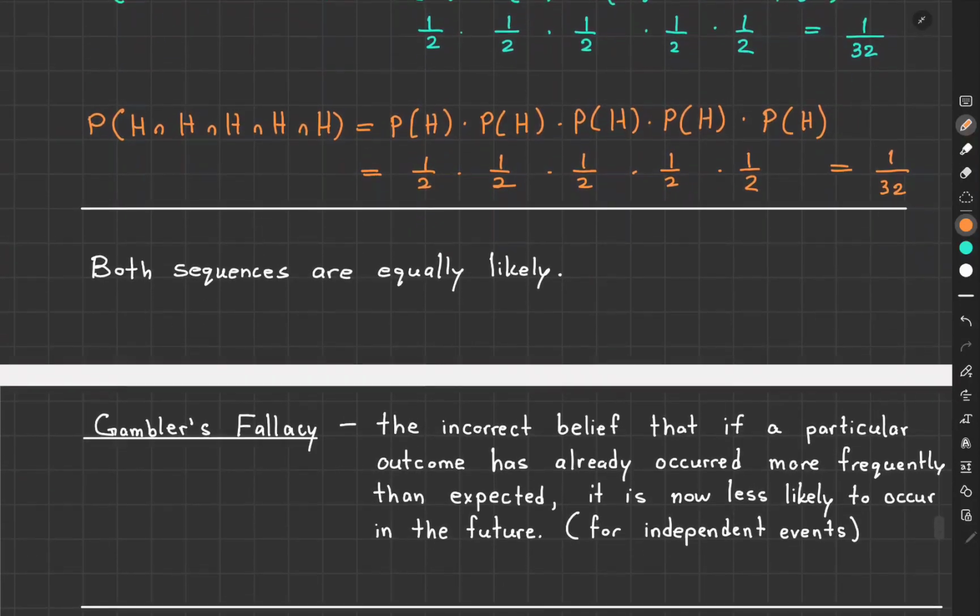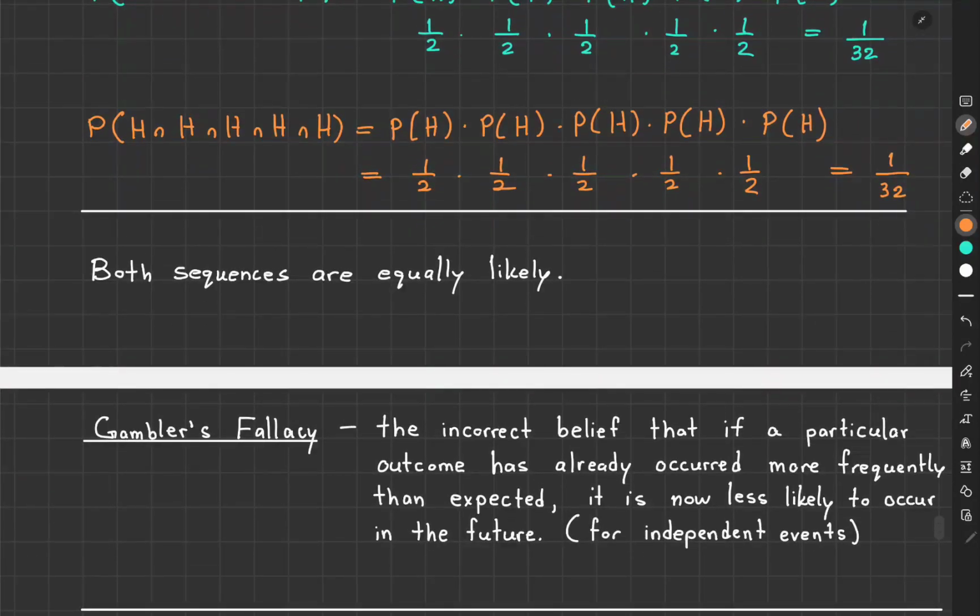Now, an important way this shows up in real life is what's called the gambler's fallacy. This is the incorrect belief that if a particular outcome has already occurred more frequently than expected, then it's now less likely to occur in the future. And this is the case for independent events.